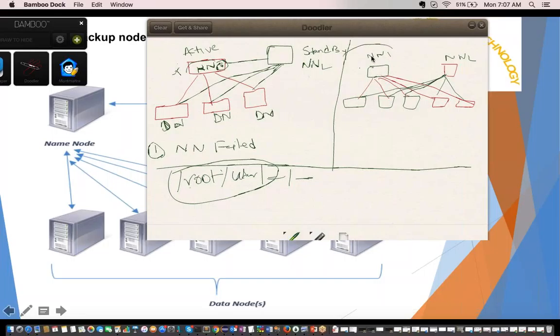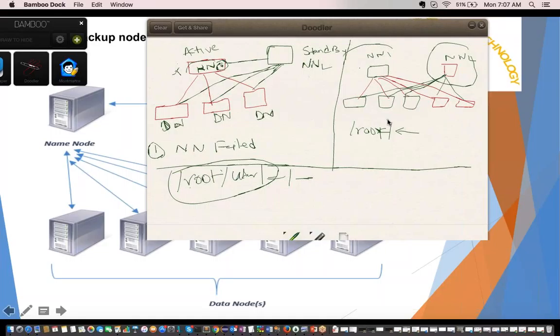Whatever comes under the other namespace, let's assume the share, will be handled by the other name node. So now we have reduced some burden on these nodes.